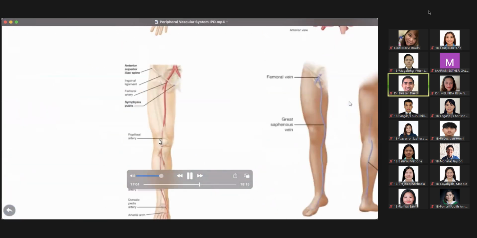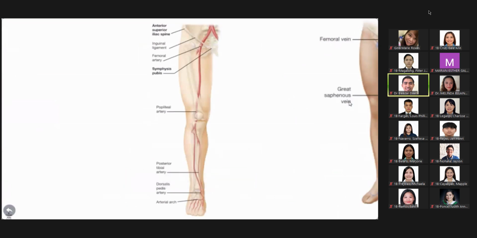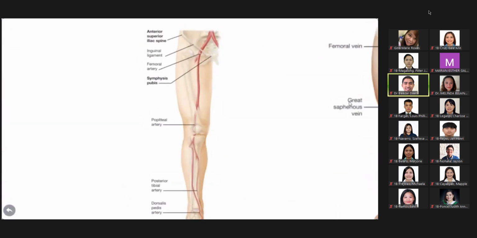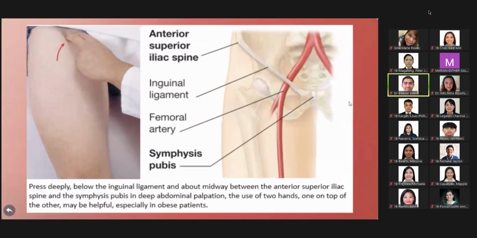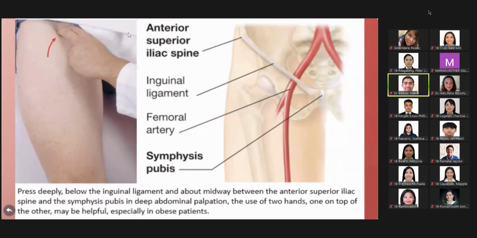Size, symmetry, skin color. Next is the femoral artery. Where is the femoral artery? You can palpate it just below the inguinal ligament, about midway between the anterior superior iliac spine and the symphysis pubis, with deep abdominal palpation.